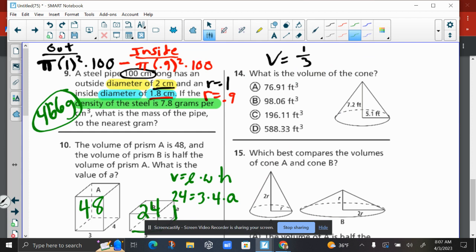One-third pi, there's our r, and there's our height. That's an easy one, type it in.